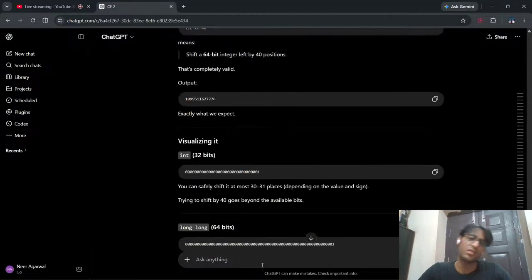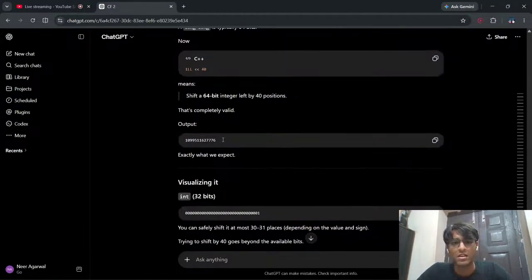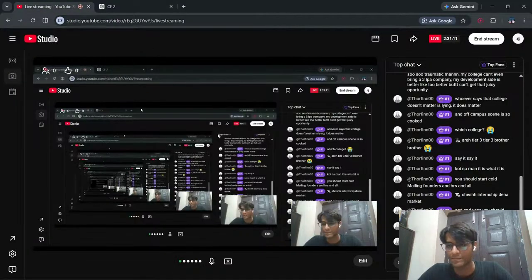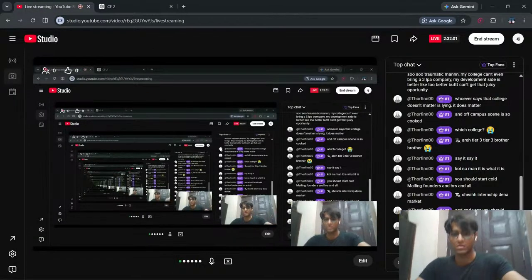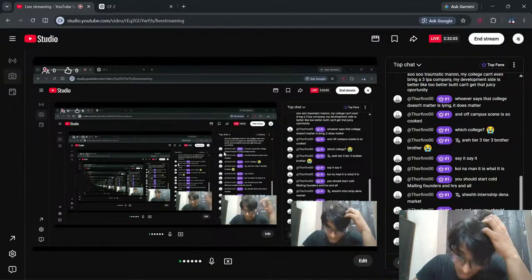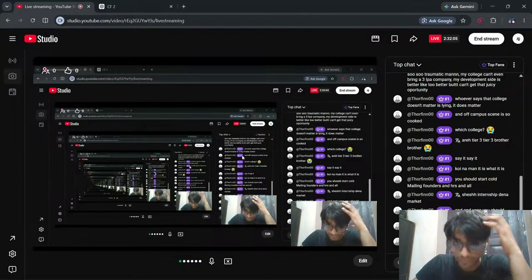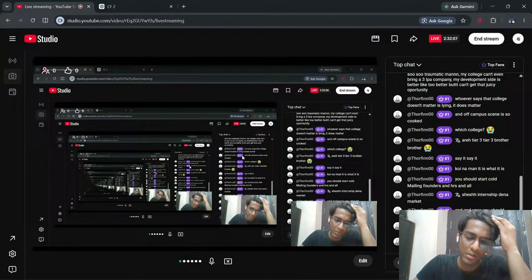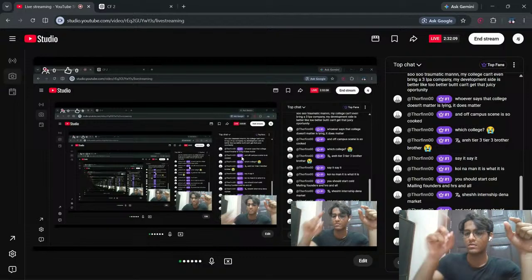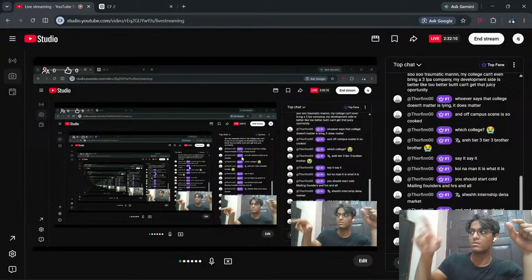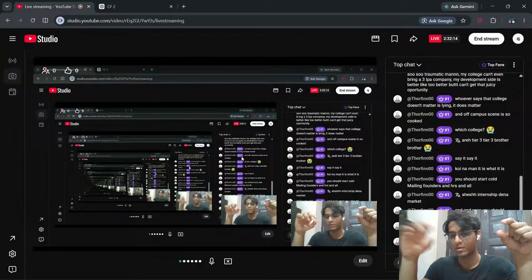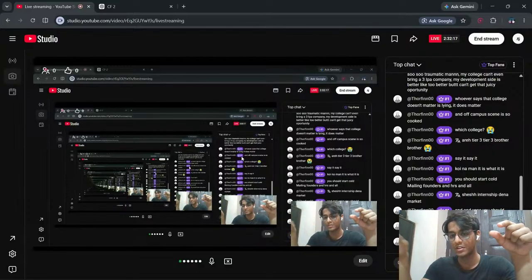It's not safe basically, because LL is 64 bits. So that's the reason. One left shift k gives out 2 to the power k.